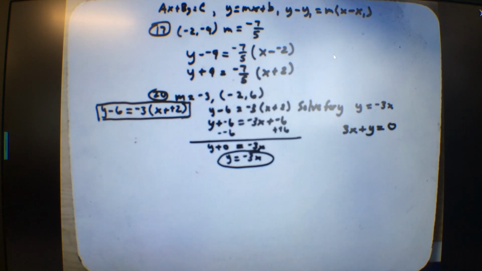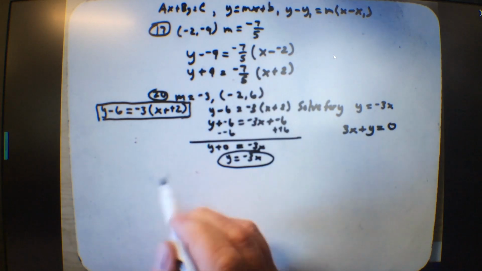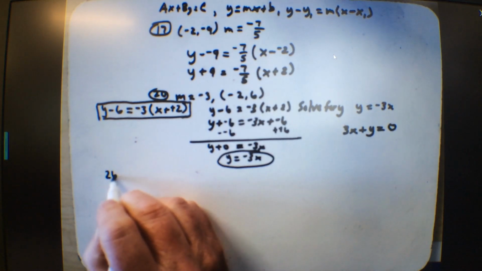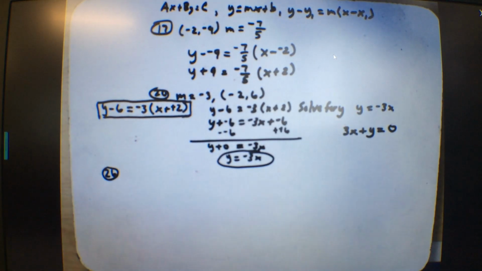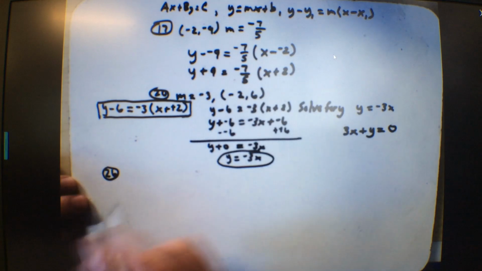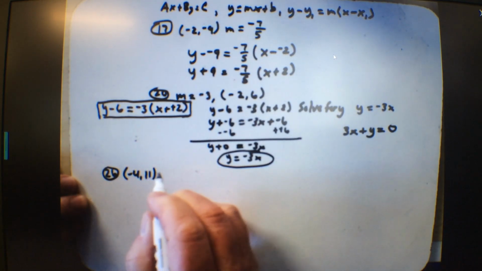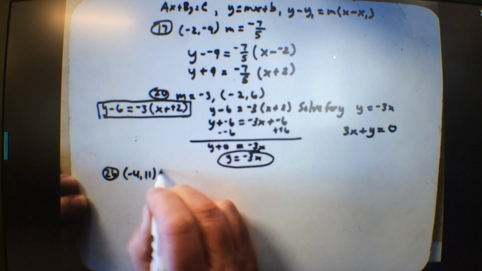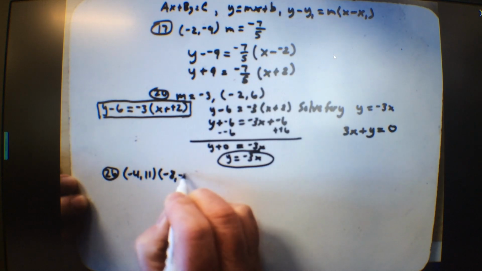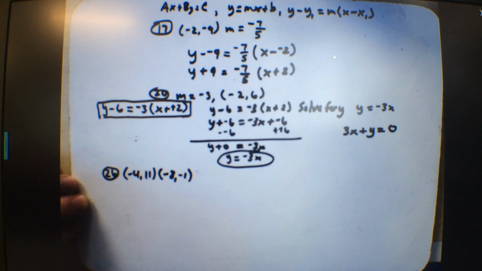All right, I'm going to jump down then to 26, please. I put it over here. 26, I get a negative 4, 11, and make sure I write this out, a negative 8, a negative 1. Is that true? Yep. What's missing? Slope. I don't have slope. So how do I do that?